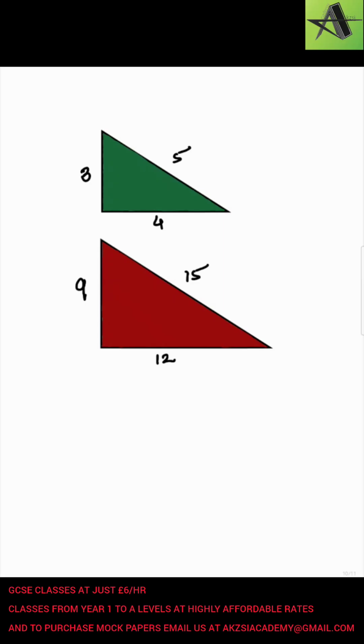Similarity is the same: their shape is exactly the same, the corresponding angles are exactly the same, but their lengths are in proportion. So the first thing that we are going to study is the length scale factor. So this is length scale factor.